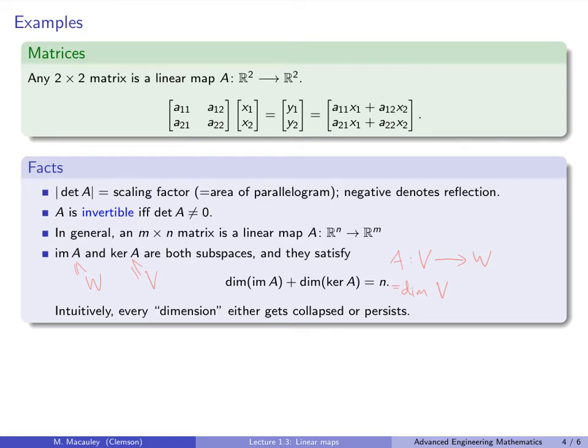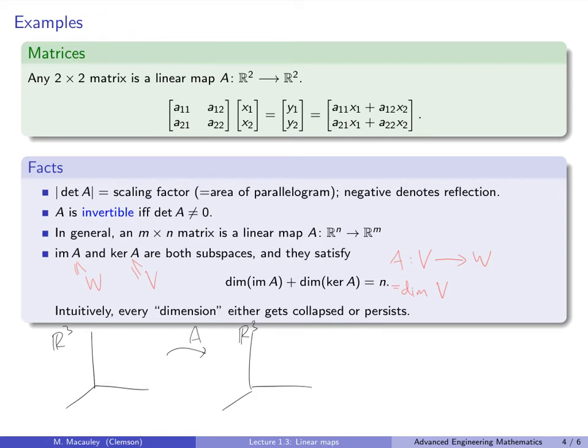Now, intuitively, what this says, this is often called the Rank-nullity theorem, is that every dimension in the domain either gets collapsed to zero and is part of the kernel, or it persists and it's part of the image. So let me see if I can draw a picture of this. So here's R3, and let's take a linear map from R3 to R3.